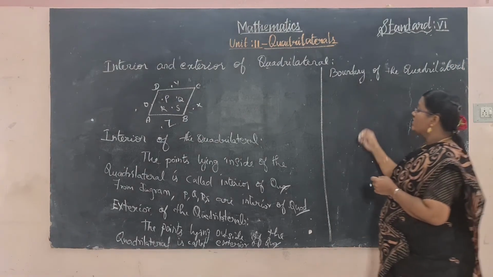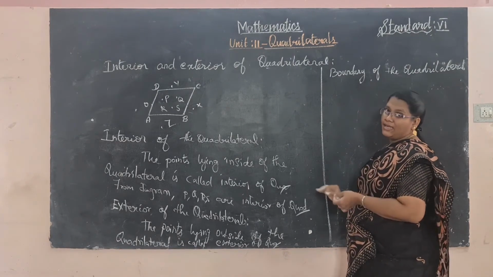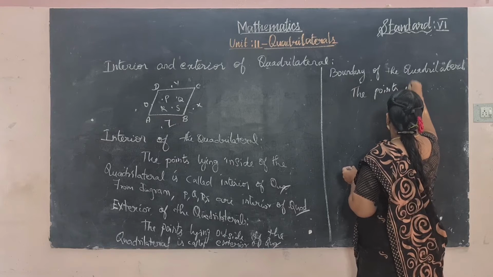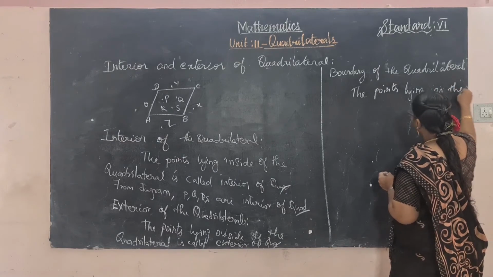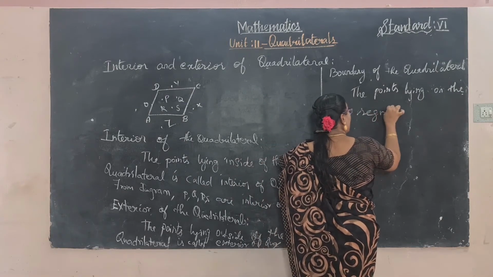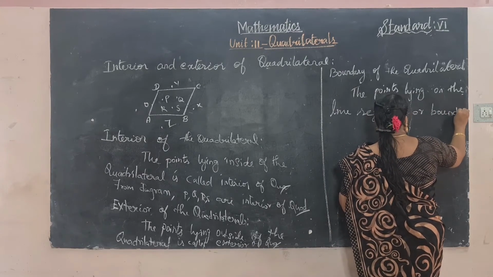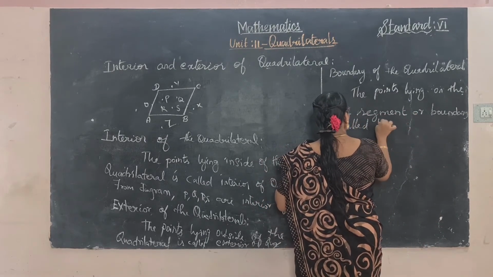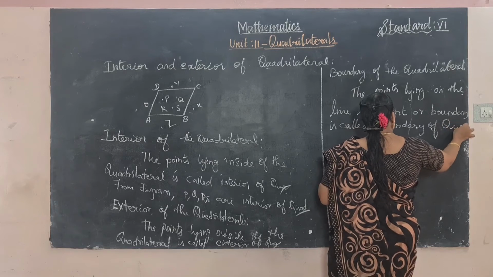Boundary of the quadrilateral means the points lying on the line segment or boundary are called the boundary of the quadrilateral.